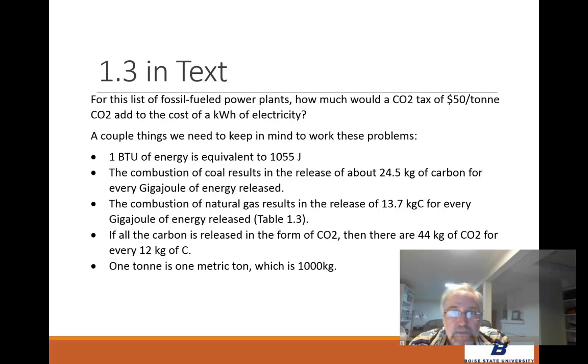Combustion of natural gas results in less carbon per gigajoule, about 13.7, roughly half. And then the assumption we make is that carbon is released in the form of CO2, and there's a ratio: 44 kilograms of CO2 for every 12 kilograms of carbon. We went through that in class.